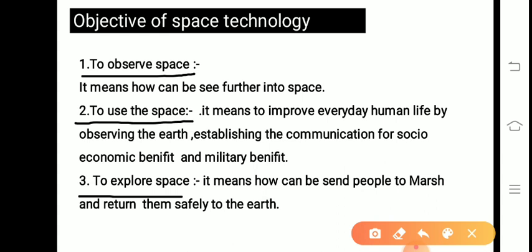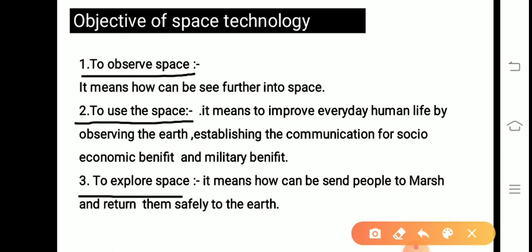To observe space means how can we see further into space. When we place a satellite into Earth orbit, what are we expecting from the satellite? One, to keep an eye over the Earth, observe the Earth, and give detailed information about Earth pictures and resources, and that enables us in planning, execution, and many other things.